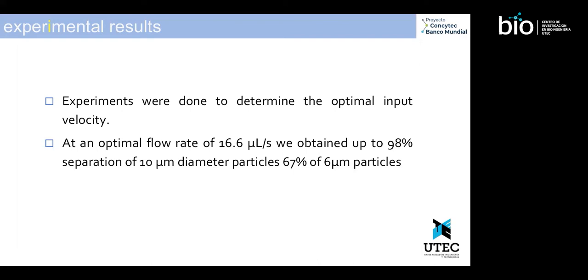This is actually quite good for the system we built, because getting a 98% separation is not easy. And although you might think the smaller particles are not so well separated, you have to think that if we wanted to have the 10 micrometer particles, it is almost pure.